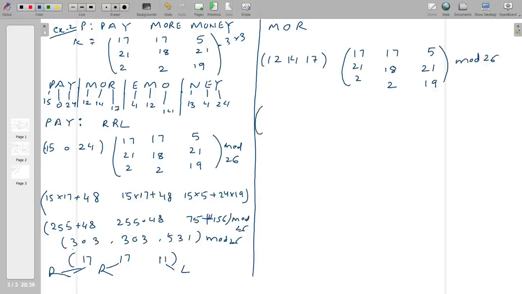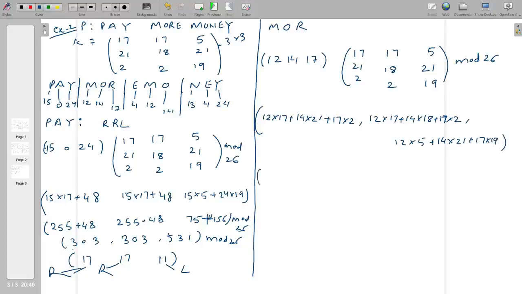So let me write it: 12 into 17 plus 14 into 21 plus 17 into 2. Similarly, 12 into 17 plus 14 into 18 plus 17 into 2. And the third one is 12 into 5 plus 14 into 21 plus 17 into 19, and it is a mod 26 operation.